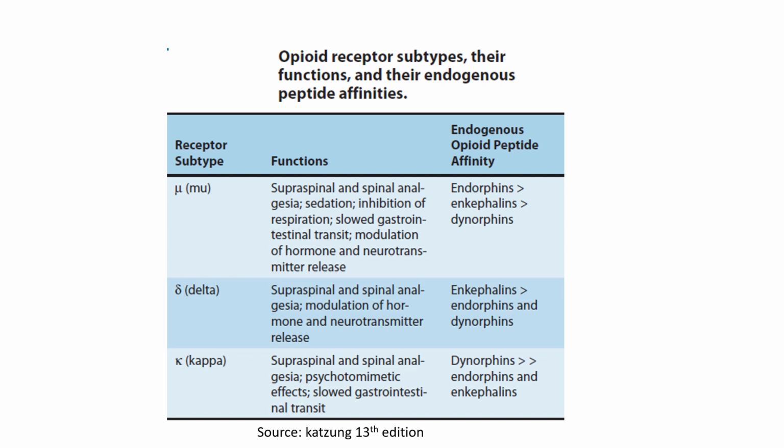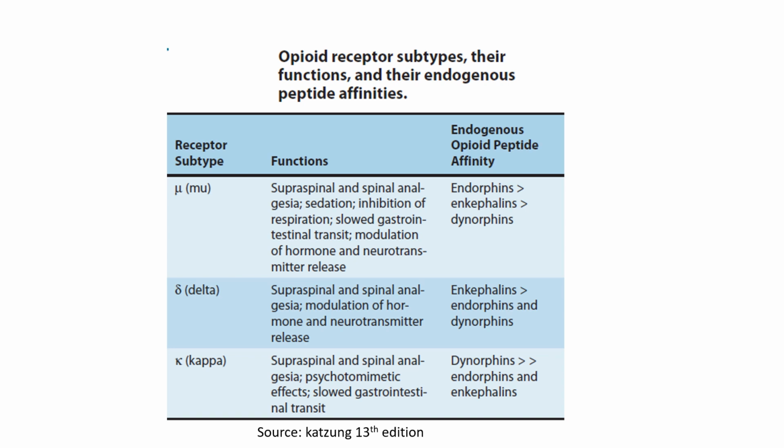There are three types of opioid receptors: mu, delta, and kappa, and corresponding endogenous opioid peptides which have great affinity towards a particular kind of opioid receptor. The three types of endogenous opioid peptides are endorphins, enkephalins, and dynorphins.